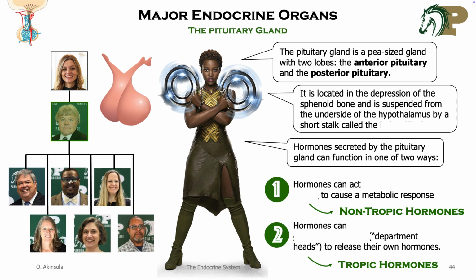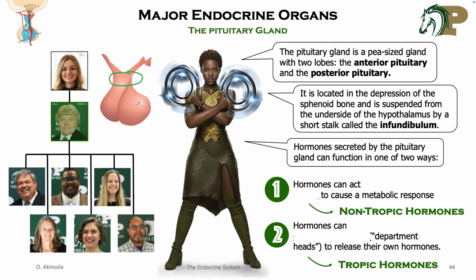It is located in the depression of the sphenoid bone of the skull and suspended from the underside of the hypothalamus by a short stalk called the infundibulum. This is the infundibulum right here, the short stalk that suspends the two lobes of the pituitary.